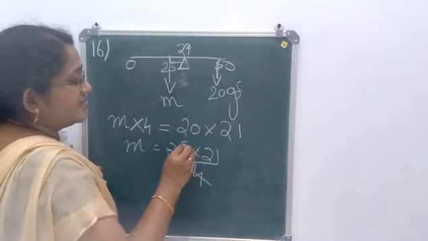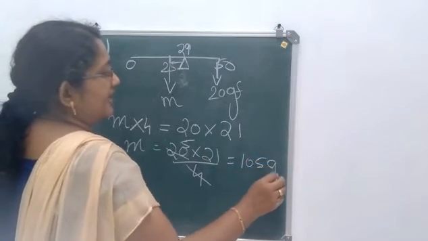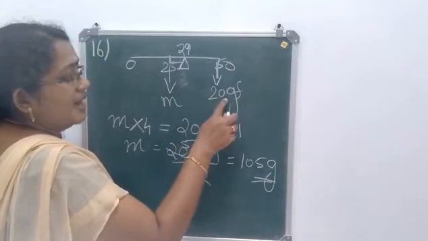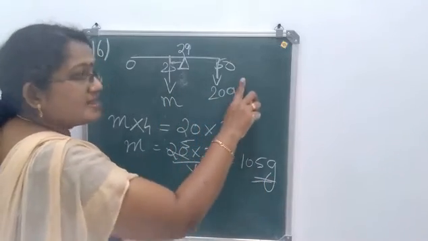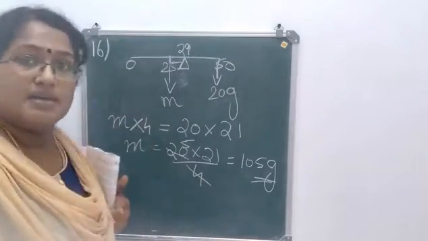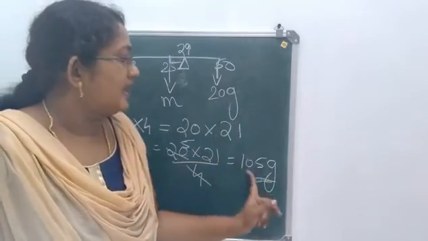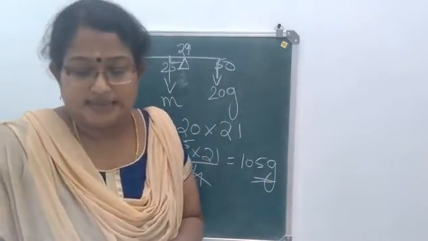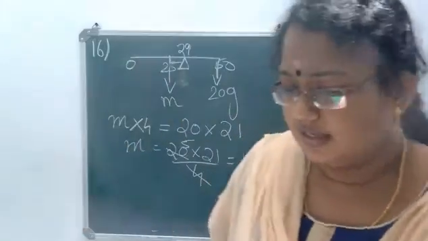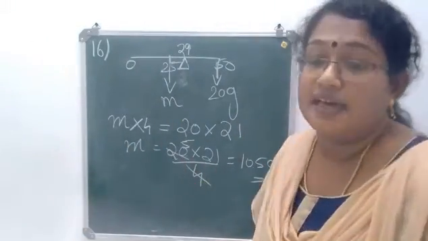These two things get cancelled. 5 into 21 is equal to 105 gram. Here the mass, 20 gram, is given. Gram force is the gravitational unit, and gram is mass. So since it is given as gram, 105 will also be written as gram. Is it clear? The mass of the rule will be 105 gram.